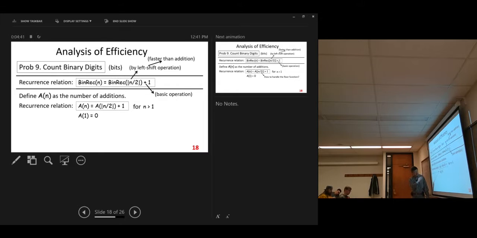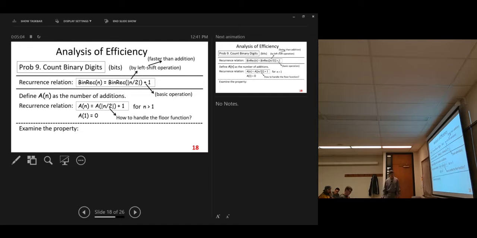Now let's find the solution for this recurrence relation. It is similar to the original one, but the base case is slightly different. Still, we cannot get around that floor function, so we still need to find a way to deal with it. Examine the property: even, odd.